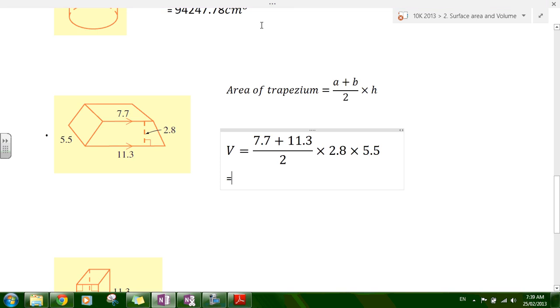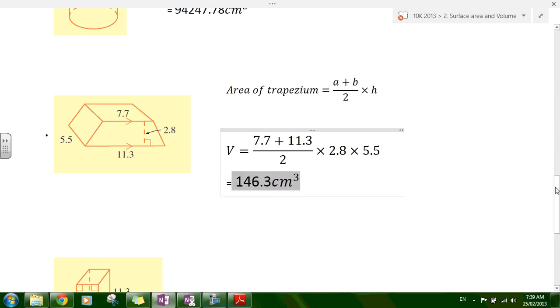And that is equal to 146.3. Again, we need to put the units correctly. In this diagram, the lengths are all centimeters, so this would be cubic centimeters. That's what we would end up with.